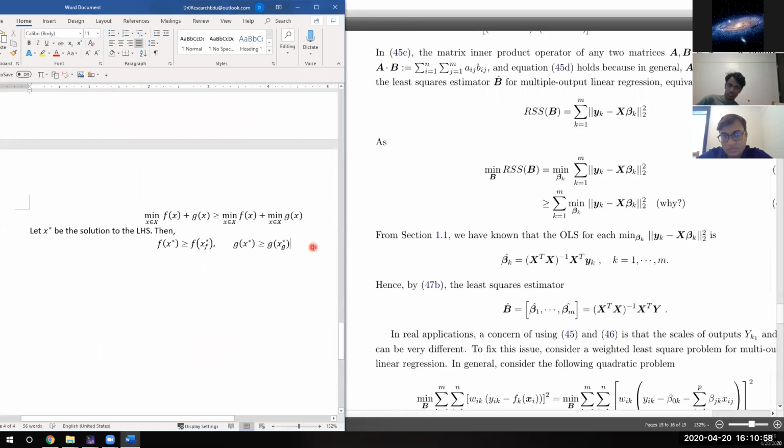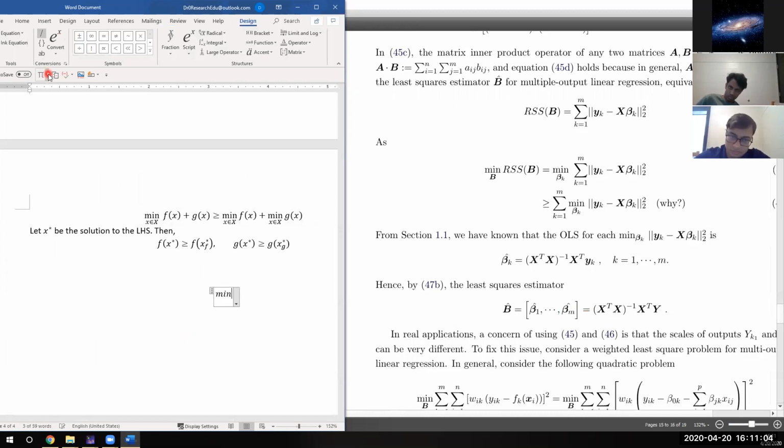Consider you're minimizing a function this way. Let's say you're going to minimize f(x).